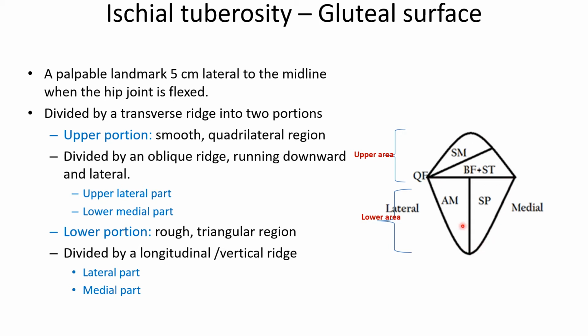Similarly, the lower rough triangular part is divided into two parts by a vertical or longitudinal ridge. So there is a lateral part and a medial part.